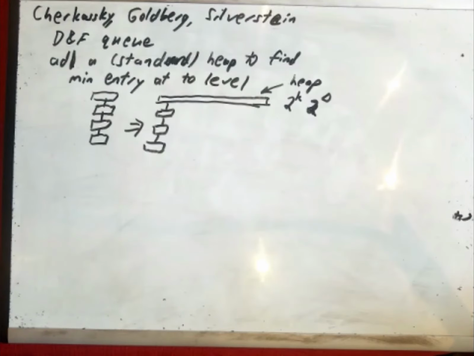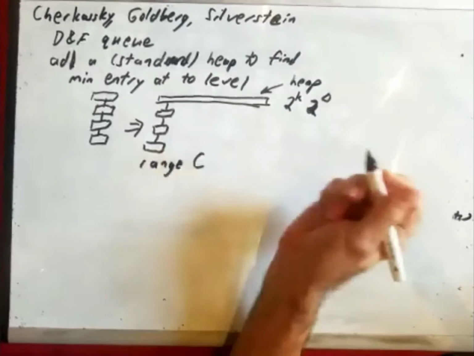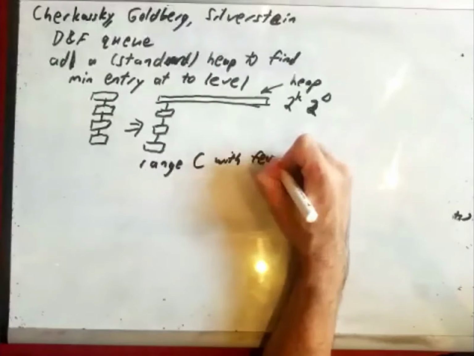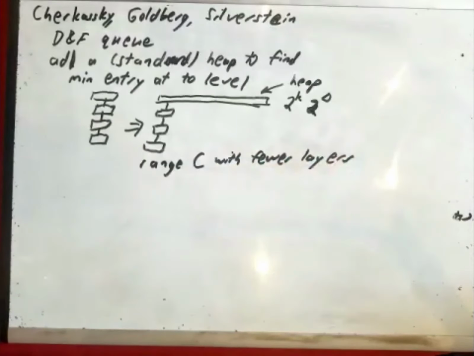But what's the advantage? Well, the advantage is that since the top layer is so much larger, we don't need as many layers in order to have a range of C, right? Remember that we need a range of C for our values, but we can now get that with fewer layers of blocks.